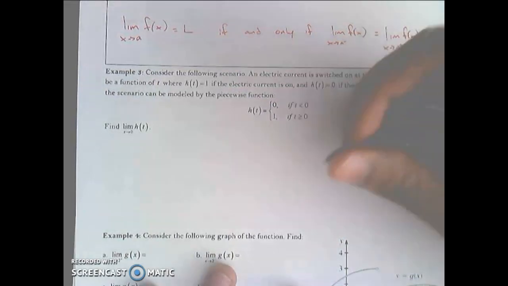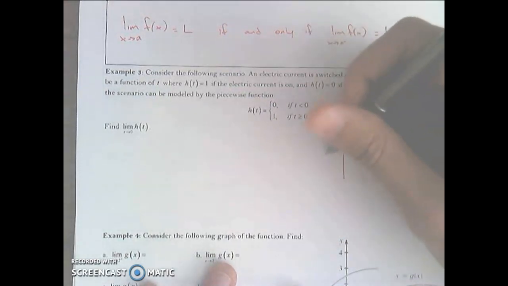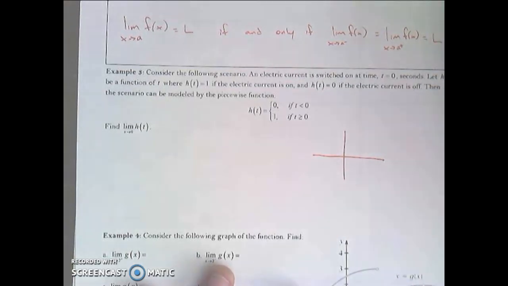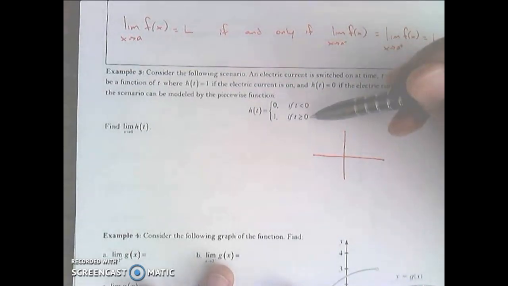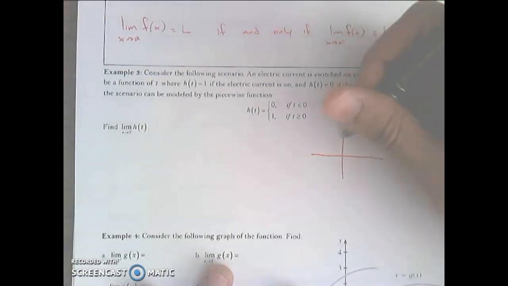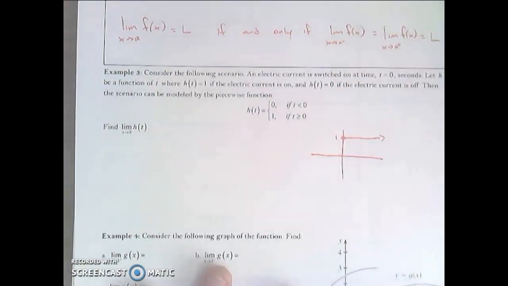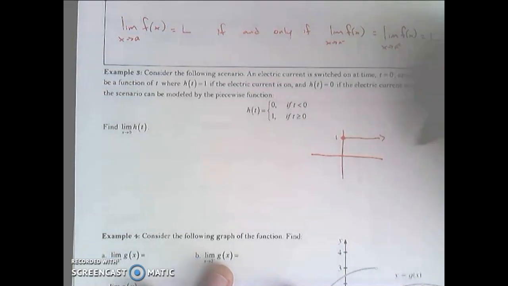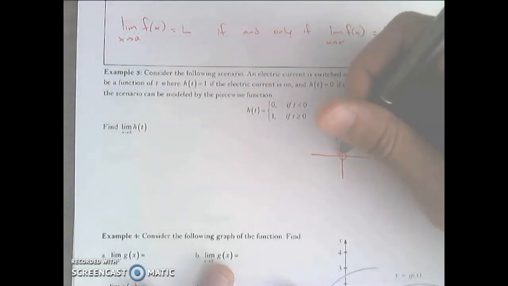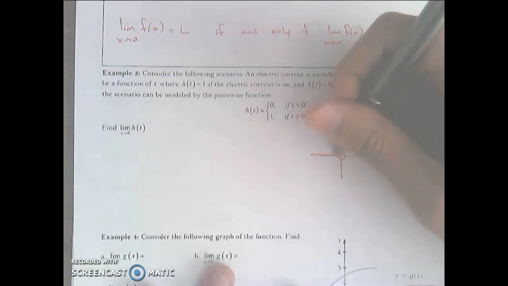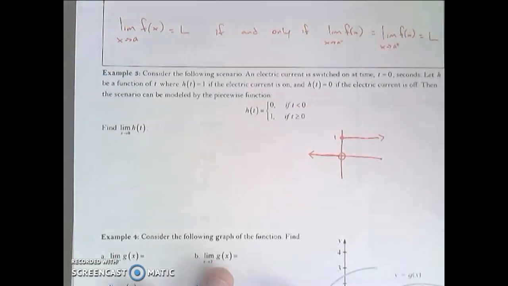If we were to draw this, for t greater than or equal to 0, the function is equal to 1, so we have the straight line at 1 onward. But for t less than 0, the function equals 0. So we've got this behavior here. And I want to see what the limit is as t approaches 0.